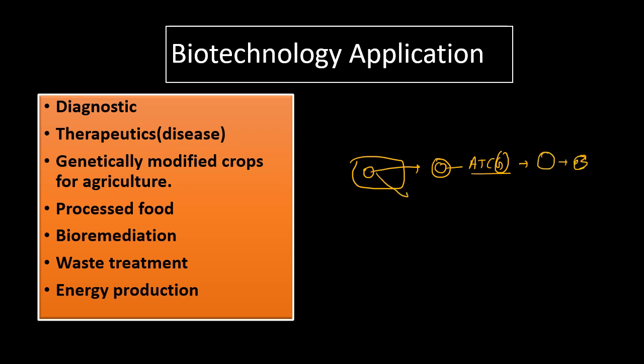Or in the second condition, we add a new foreign DNA to a gene and introduce a new gene to produce a new variety of protein. So this is known as genetically modified crops or genetically modified organisms, which is an application in crops.